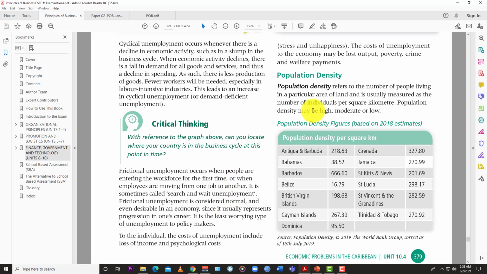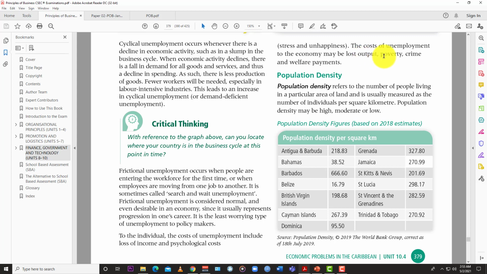It also causes the loss of output within a country, meaning that the GDP might drop, might have negative economic growth, and so that would affect the overall development of the country, because productivity would drop, output would drop. Unemployment is an issue. It might be high, and that means nobody's working, nobody's producing.